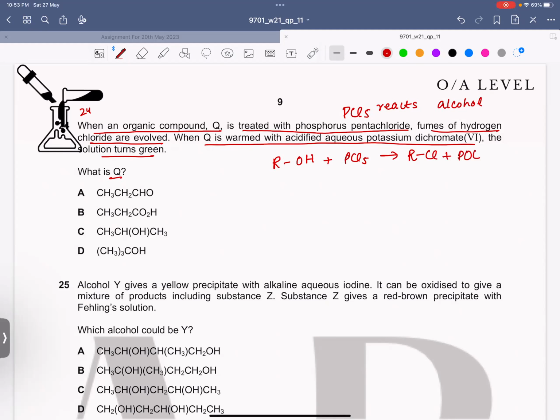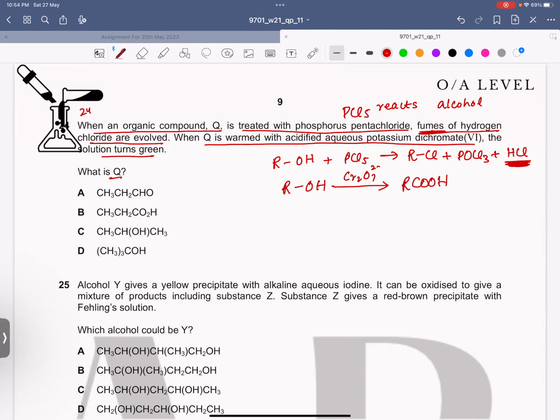Along with that, we will observe PCl3 and HCl, and due to this HCl there are fumes of hydrochloric acid. Further, the solution turns green with dichromate, which is what alcohols do. Alcohols undergo oxidation in the presence of dichromate, and as a result, the alcohol turns into a carboxylic acid.